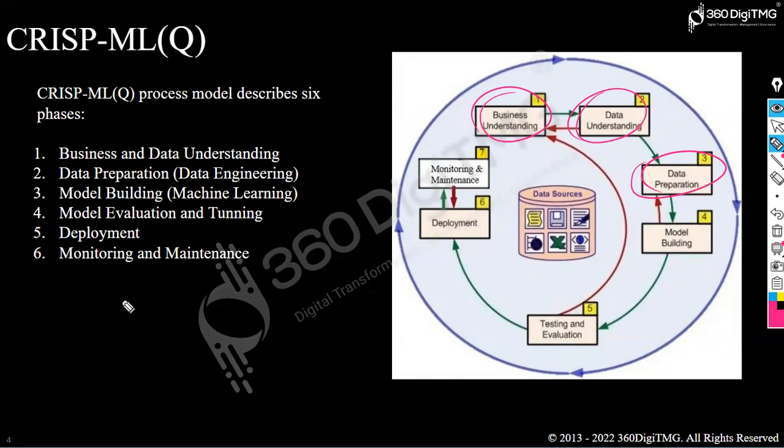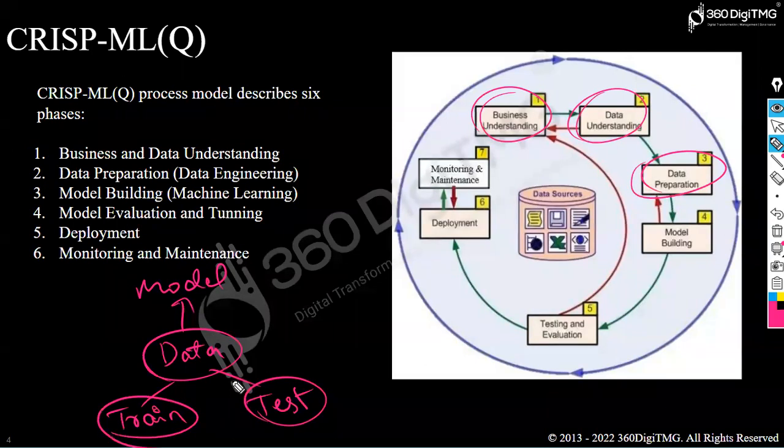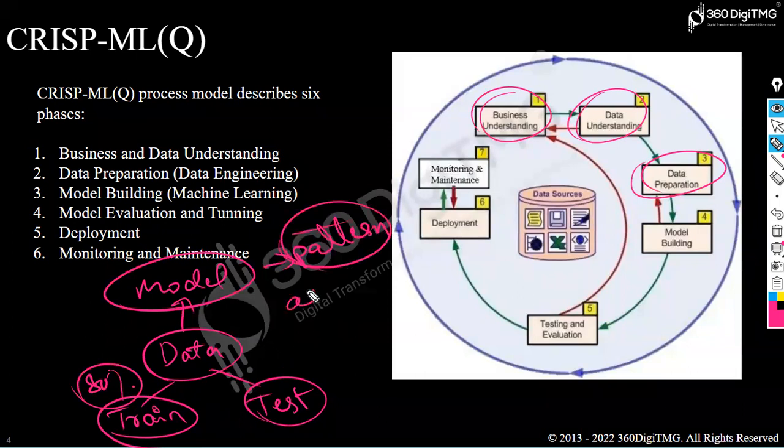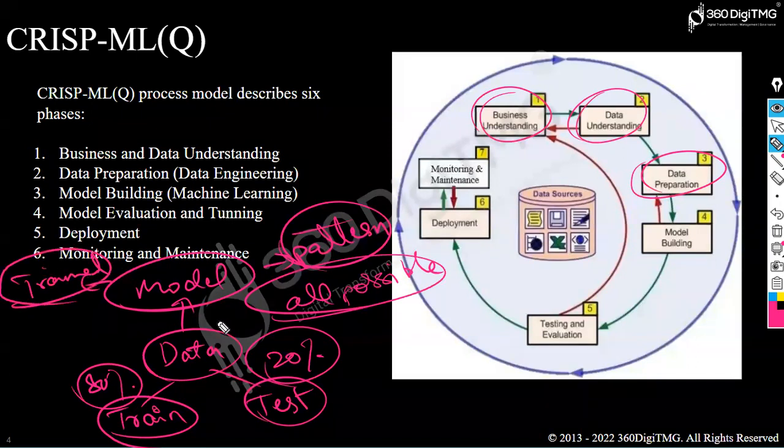Preparing the data means the model will understand the data which is fed, and that will be split into training data and test data. 80% of the data will be used to train our model and learn all possible patterns, and then we'll test the model with the 20% of data, so that since it has already been trained to understand the input, it will give you some accuracy.